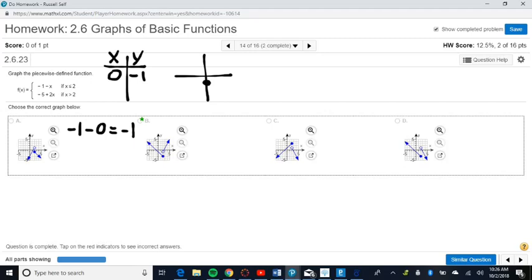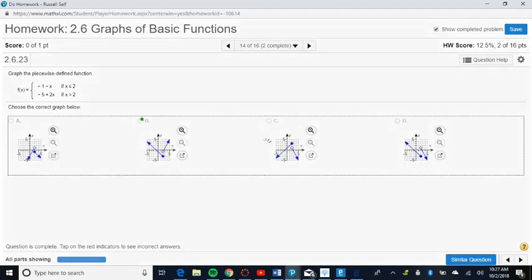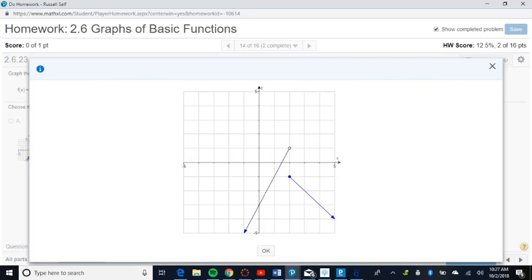Well, if you look at this one, let me make that bigger. If you look at the first one, here's 0, negative 1, right there.